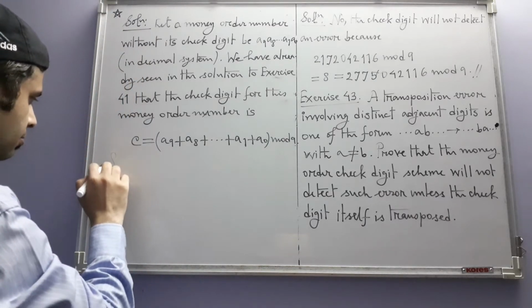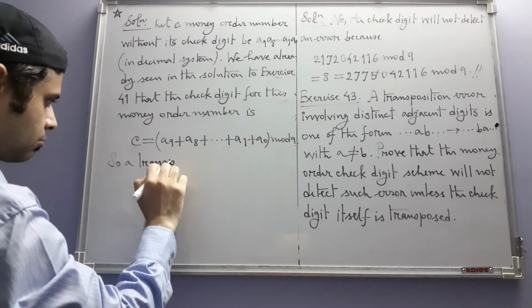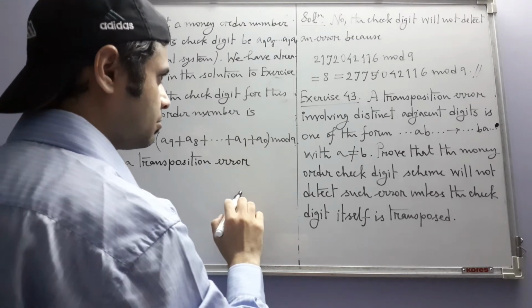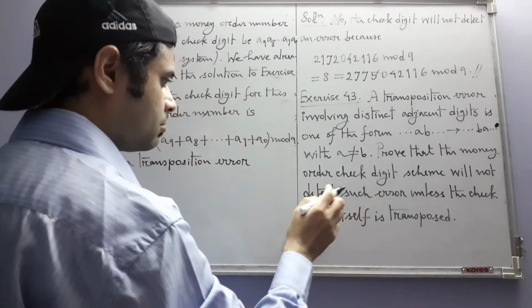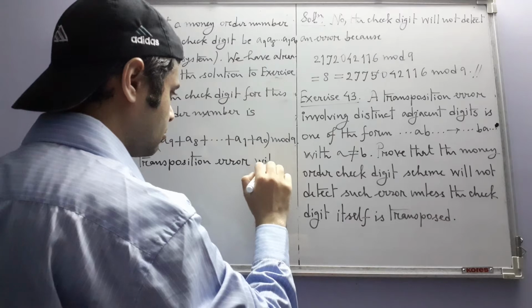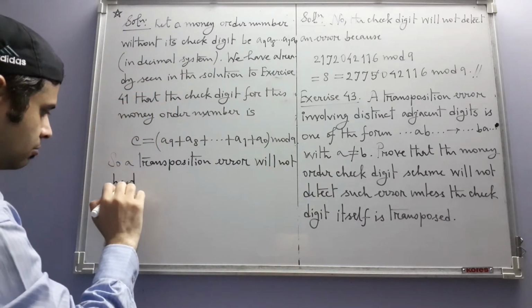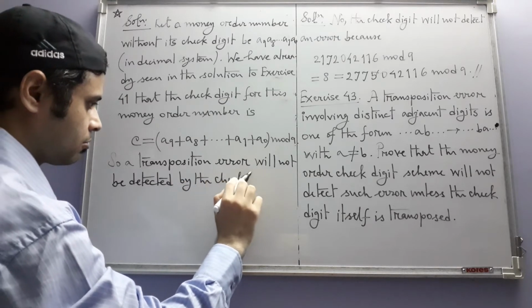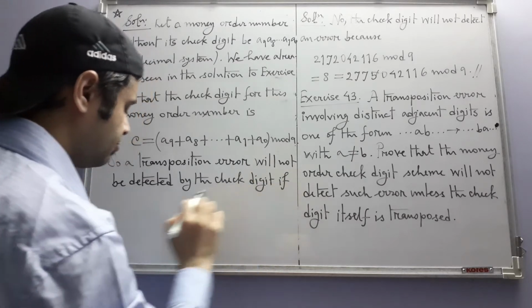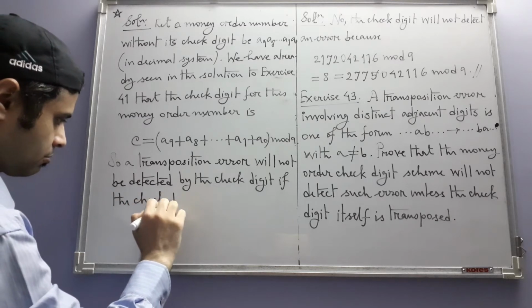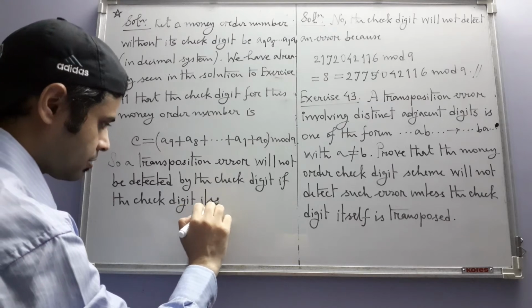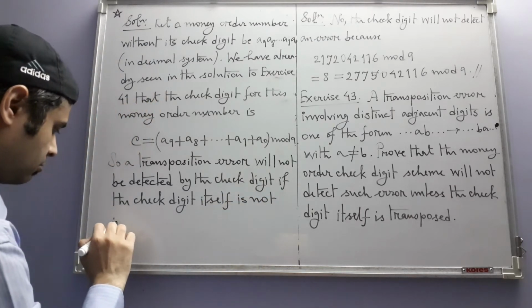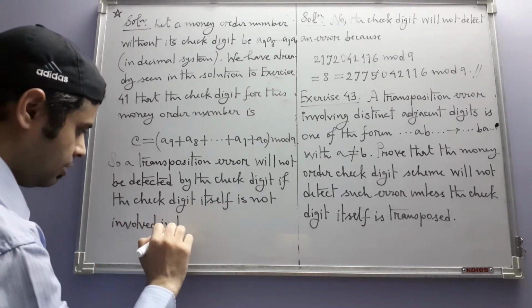So a transposition error will not be detected by the check digit if the check digit itself is not involved in the transposition.